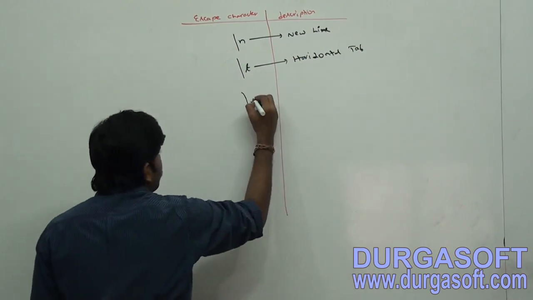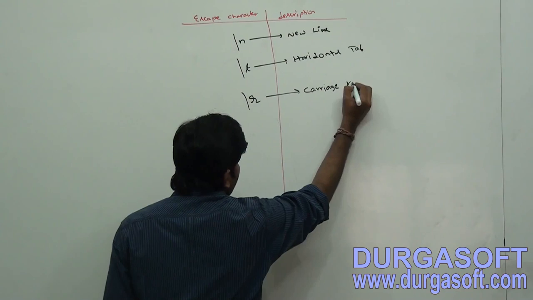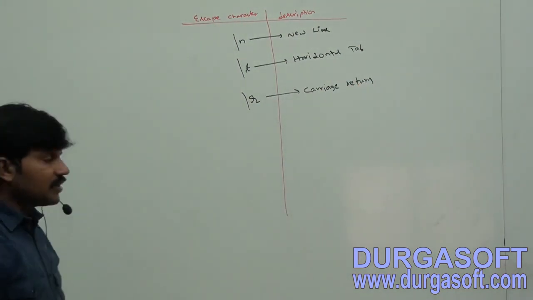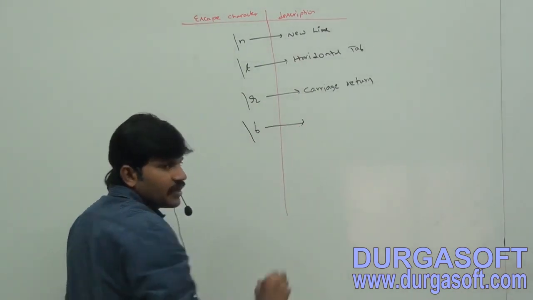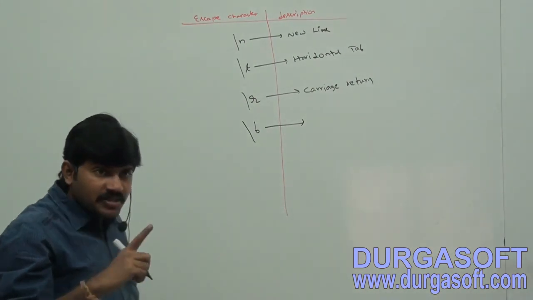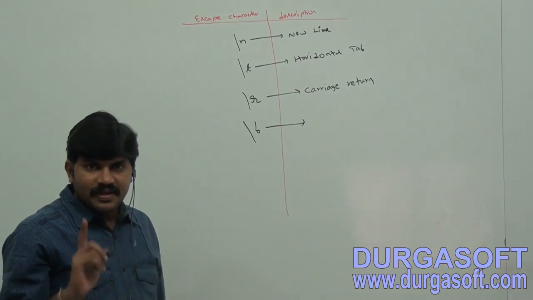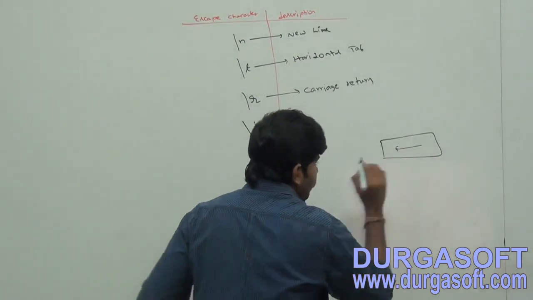\r, carriage return. Okay. \b, what is that \b? Here backspace or blank space? \b. In our keyboard there is one key with this symbol.